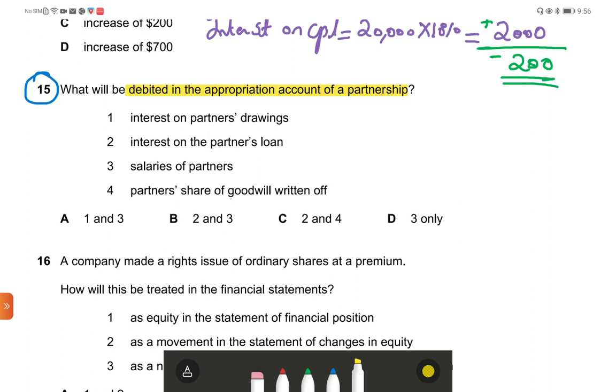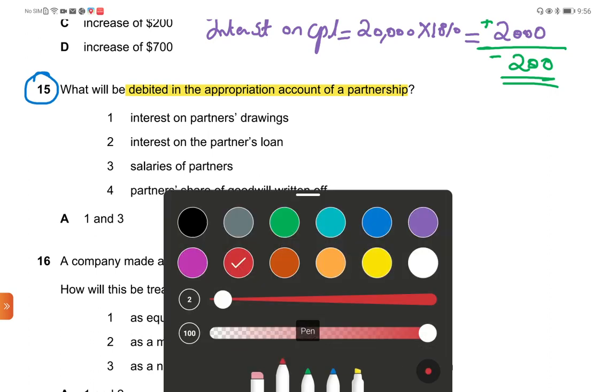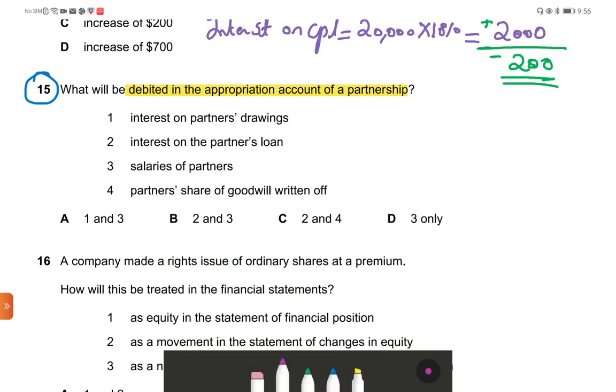So interest on partners' drawing. Interest on partners' drawing means the partnership business is collecting from the partners. So interest on partners' drawing is not going on the debit side, it is going on the credit side.